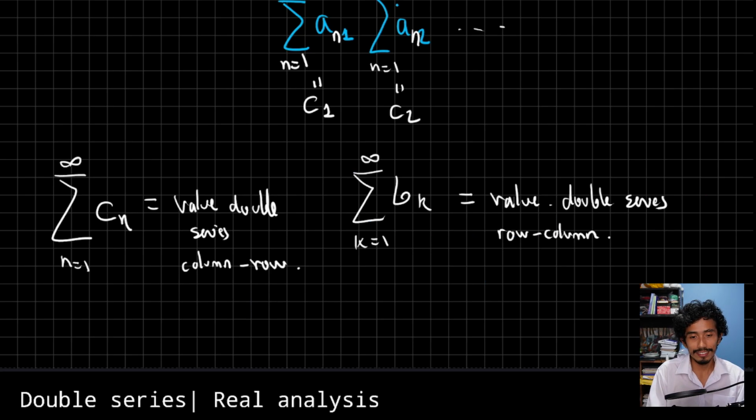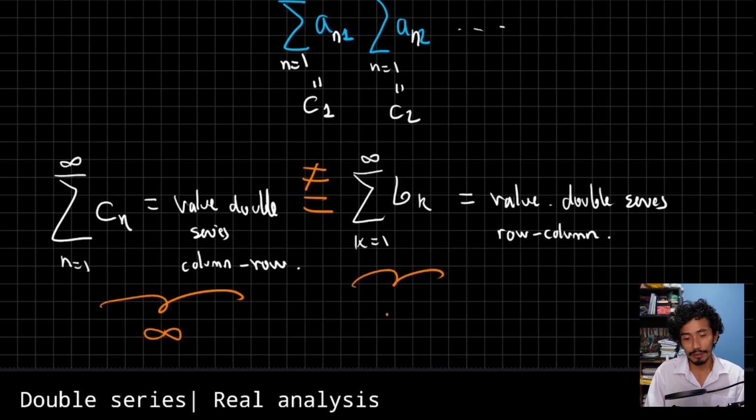These two numbers may be different, could be equal. Some of those could be divergent, could be infinity, and the other one could be convergent. A lot of things happen.